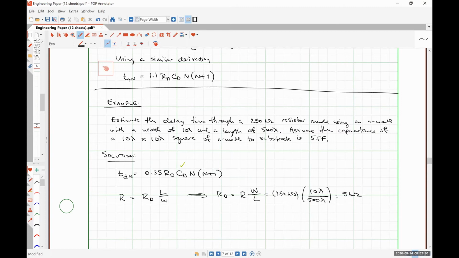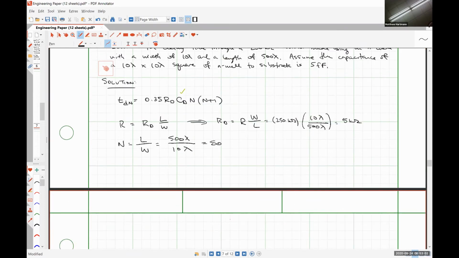I think 50. Right, it's just going to be the length divided by the width. So 500 over 10 is 50. And we know that the smaller dimension is the one that's going to be on the bottom in order to make squares, right? So N is 50.